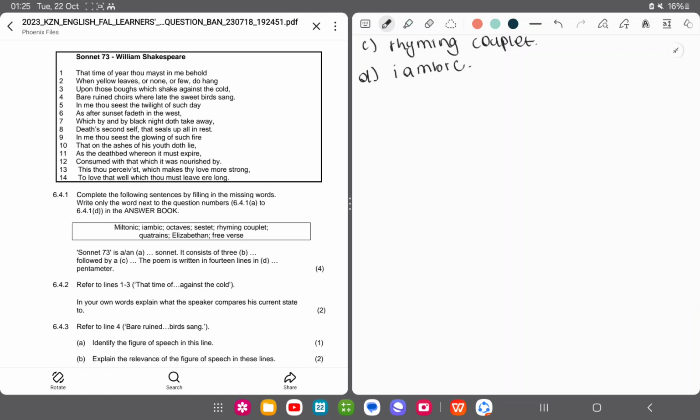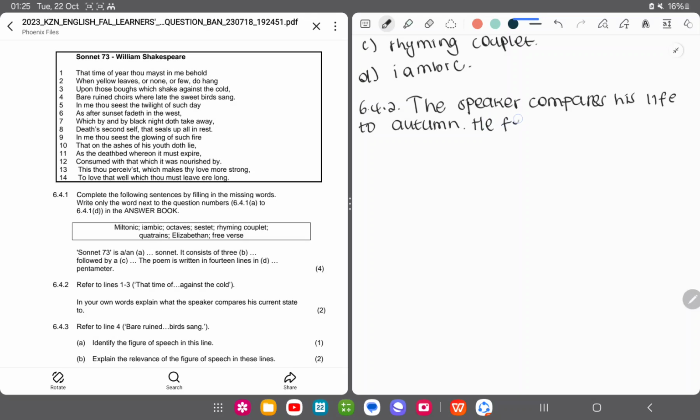So we can say that, 6.4.2, the speaker compares his life to autumn. Say autumn. Right. As he feels that he is no longer an active youth.